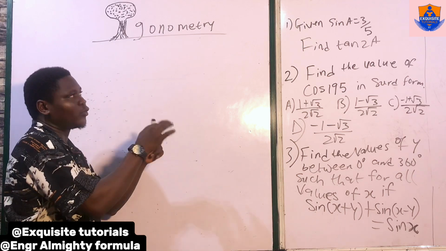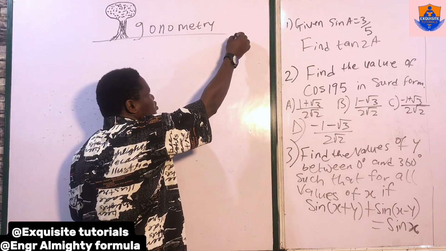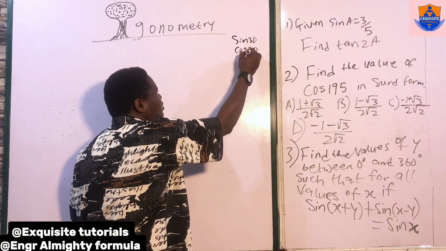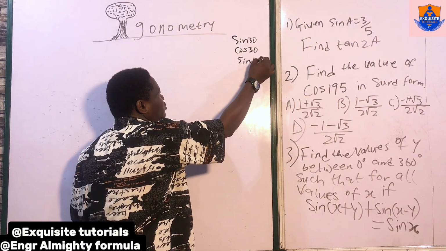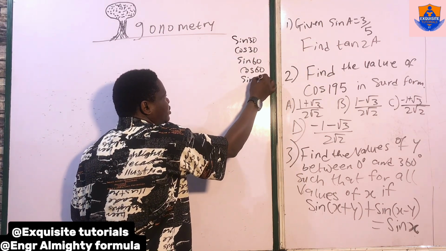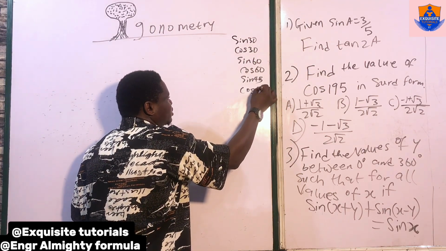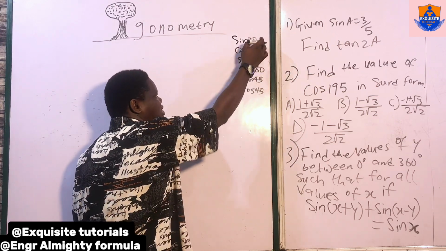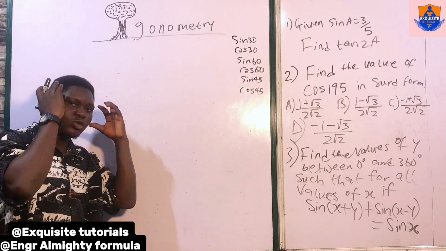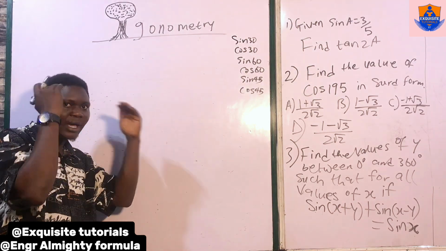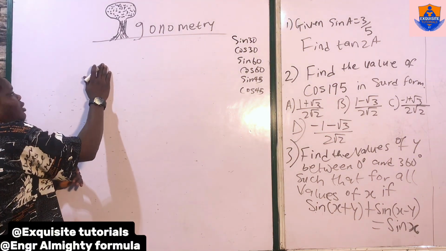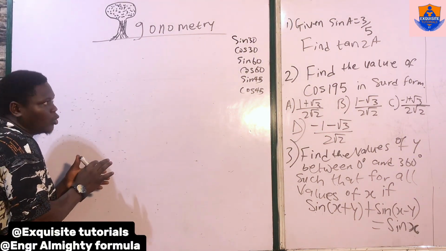Once you hear short form, remember these angles: sine 30 degree, cos 30 degree, sine 60 degree, cos 60 degree, sine 45 degree, cos 45 degree, tan 30, tan 60, tan 45, sine 90. Those values, you have to know them by heart. First of all, there is something called a special angle.